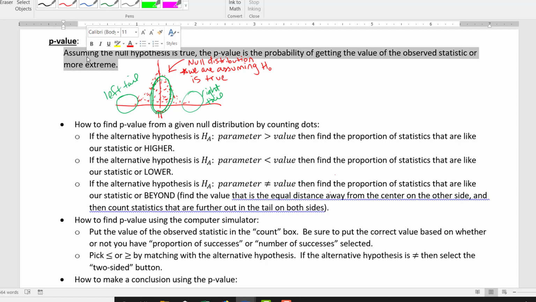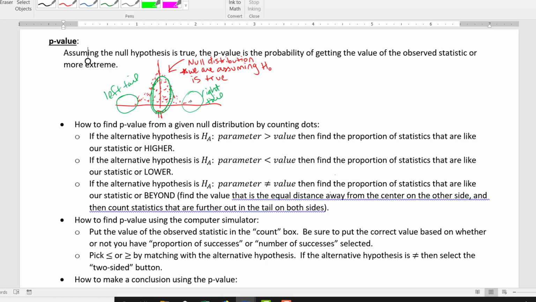It says, assuming the null hypothesis is true, the p-value is the probability of getting our observed statistic or more extreme. So it's saying if the null hypothesis is true, then this distribution shows you what sample statistics should look like. You then locate your sample statistic on here.